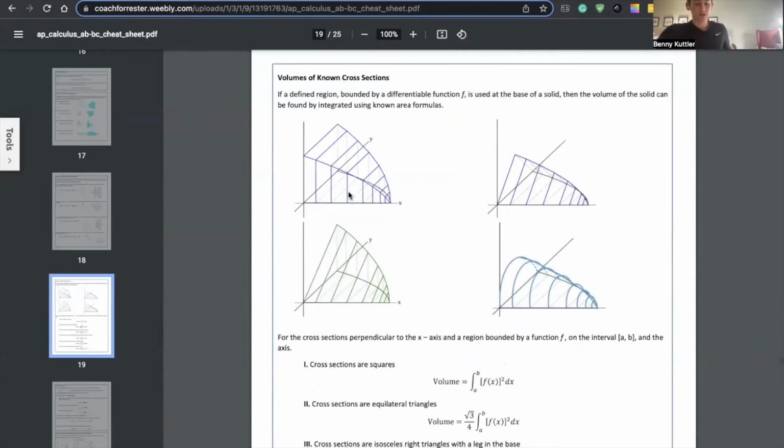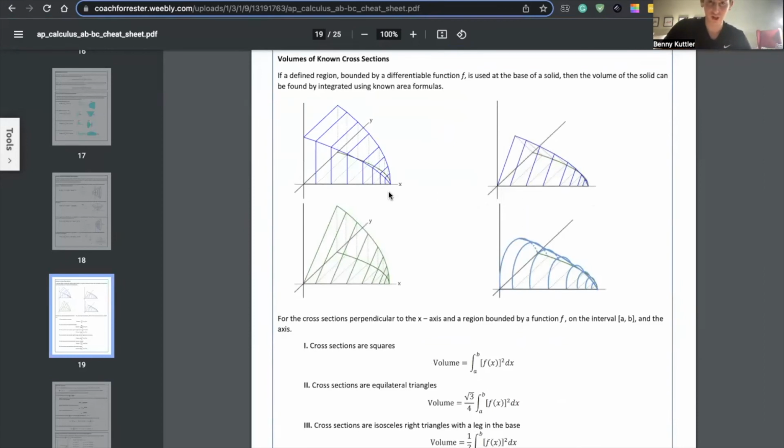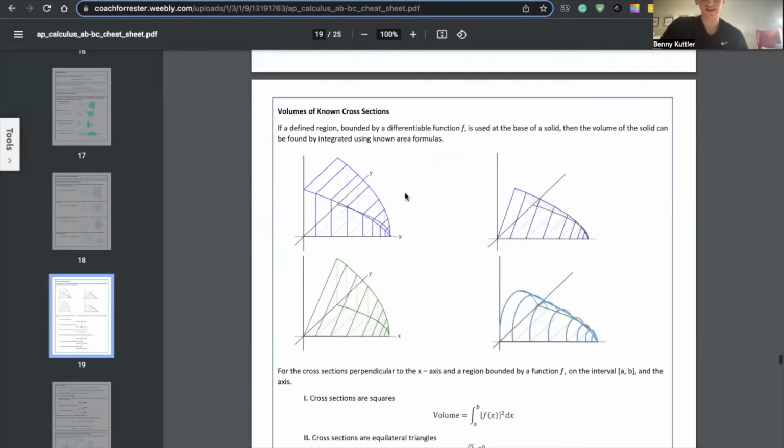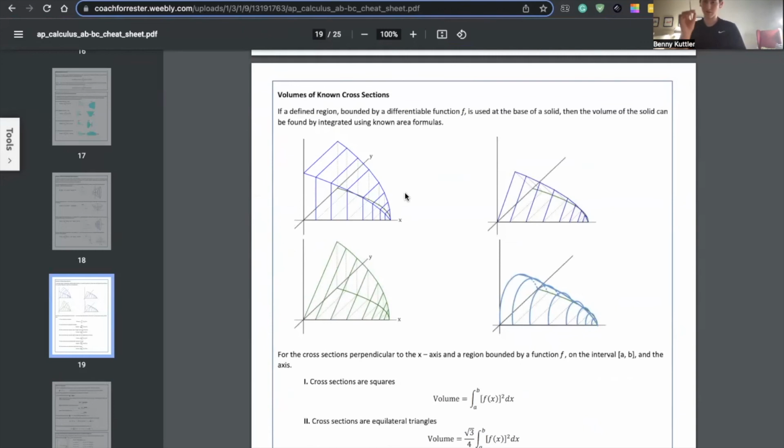So area by cross sections, we're taking the area of a curve, and we're making it 3D by approximating it with a bunch of little, almost 2D shapes, just with really, really small width. So it's just adding a bunch of little rectangular prisms with a square base.